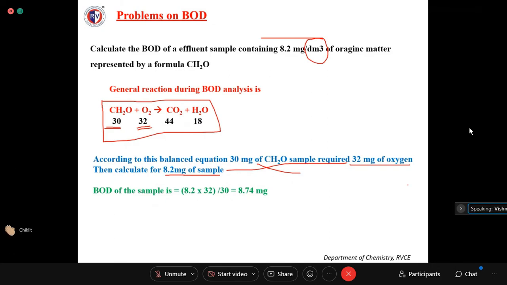No need for a separate calculation. Per dm cube means it is BOD. Clear? Such a simple problem, direct substitution. This problem will be there in the quiz. Easily you can solve this just by writing the proper balanced chemical equation for the complete oxidation process. Clear? Okay.